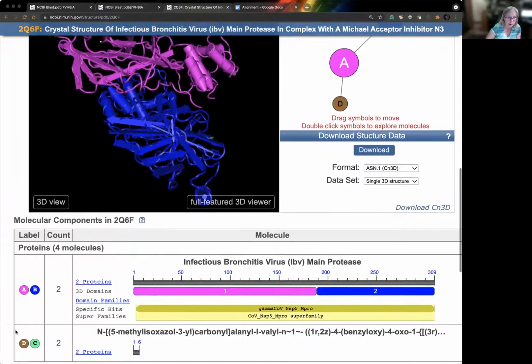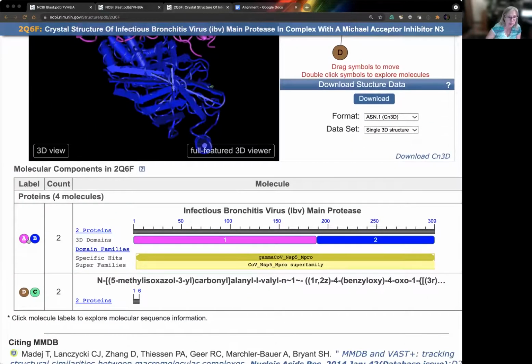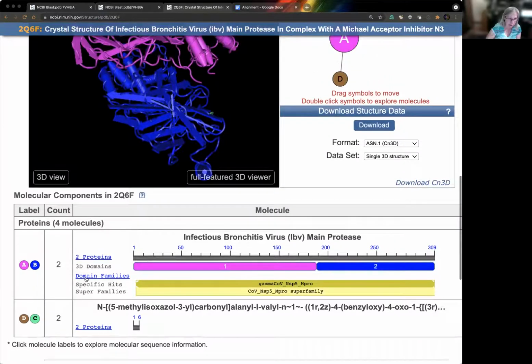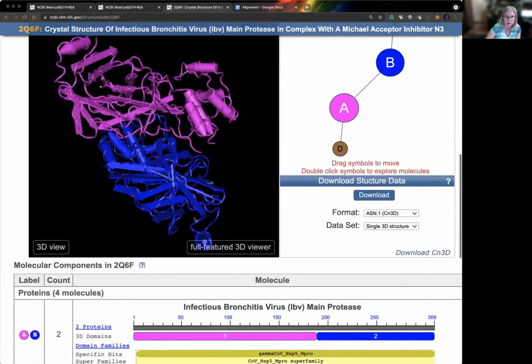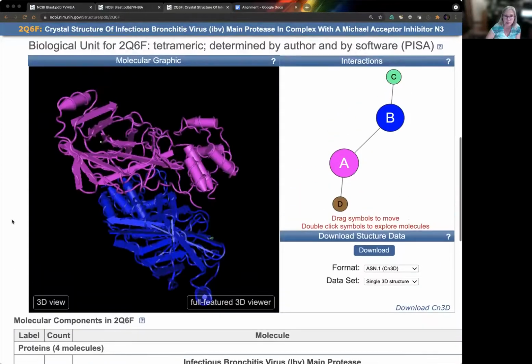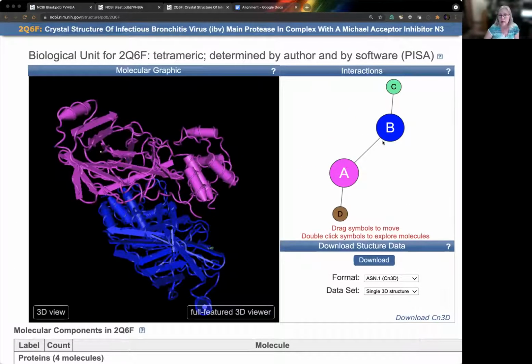I can scroll down and see that there are two different chains of protein in this structure and two shorter peptides that are 6 amino acids long each. They're modified peptides, as you can see by the name. I could look at the sequences, and I can click full-featured 3D viewer to look at this in iCn3D. Before I do that, I can also see how they're interacting. There's one bound to chain B and one bound to chain A.